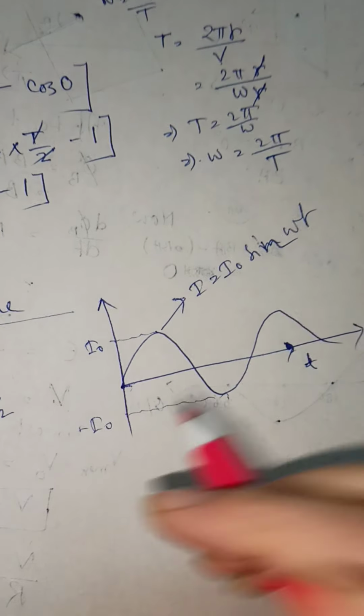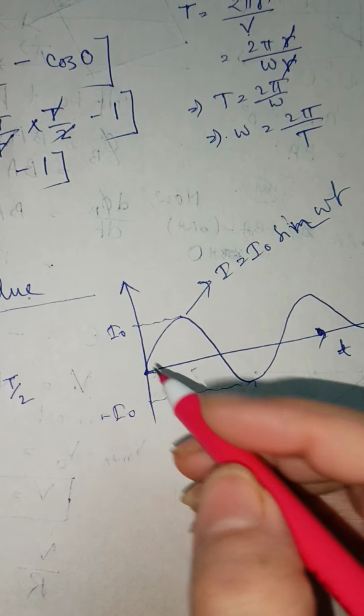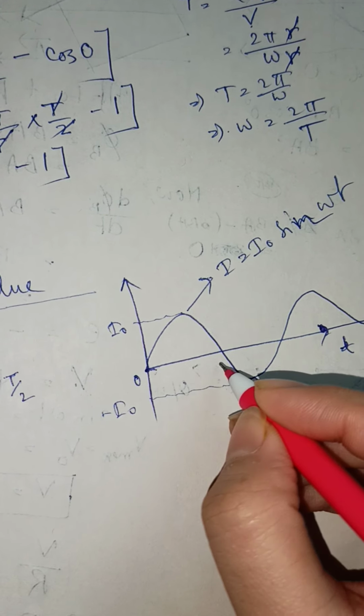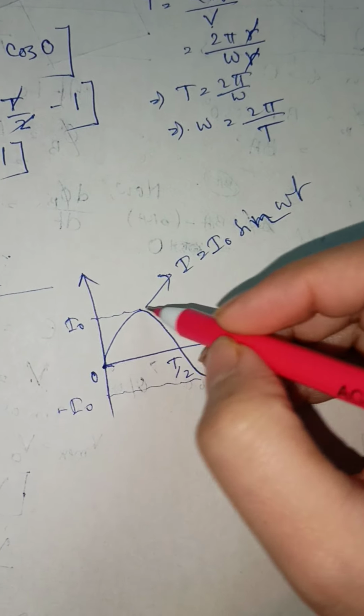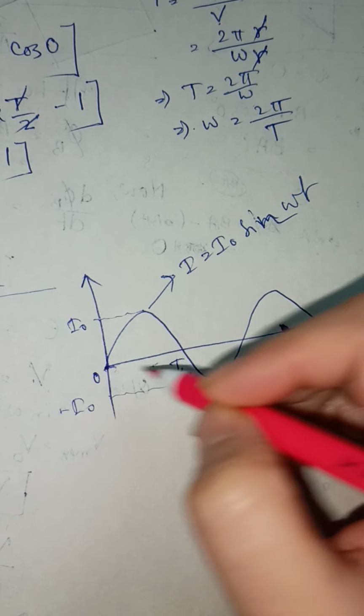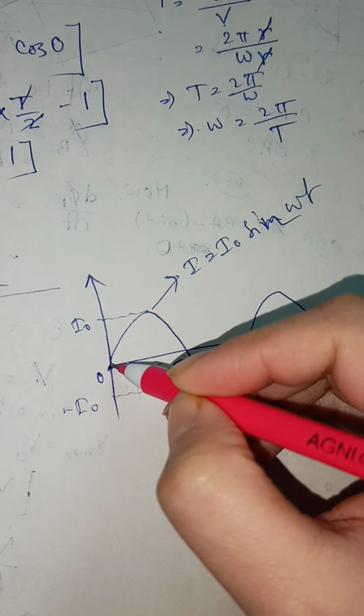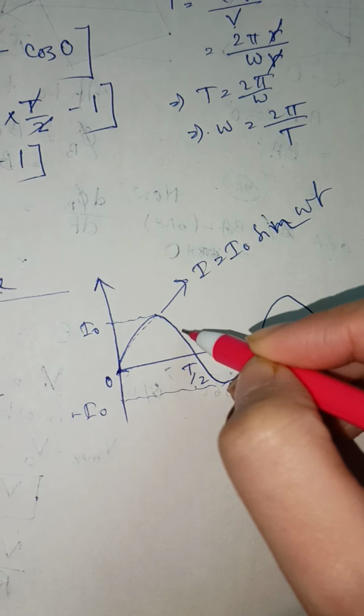Just look at here. Here I am going to find the average current within this time interval, within the T by 2 time interval, because from 0 to T by 2 the current will be changed continuously.